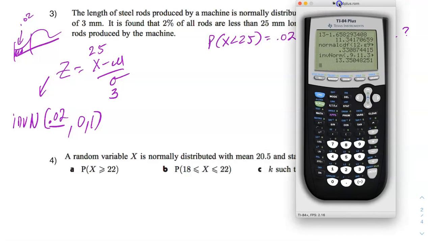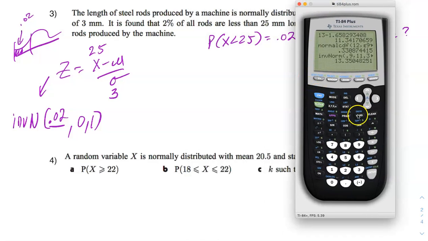So invert normal, 0.02, 0, 1, including the z value. We get negative 2.037. Again, I'm not going to round until I get my actual answer. I could write that on here, but I'm not going to round it until we're there.